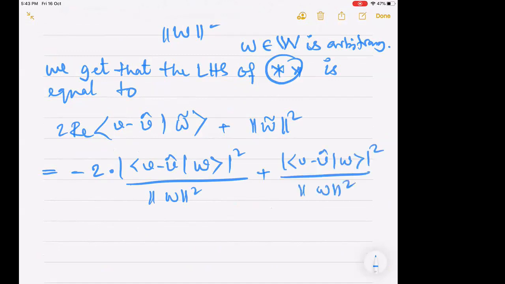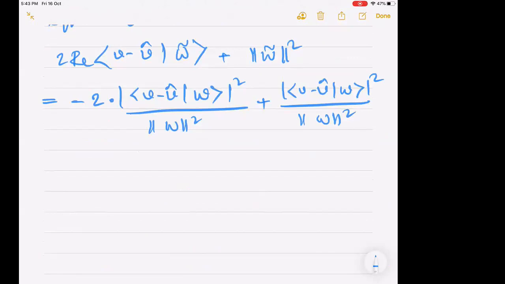But this clearly is less than or equal to 0, and is equal to 0 if and only if V minus V hat inner product W is equal to 0.